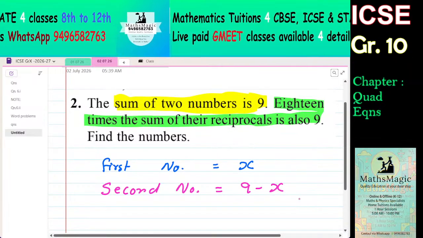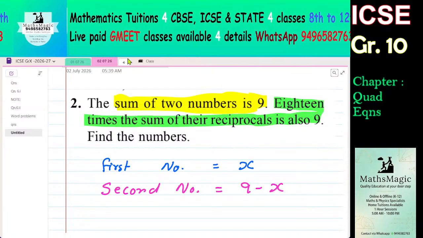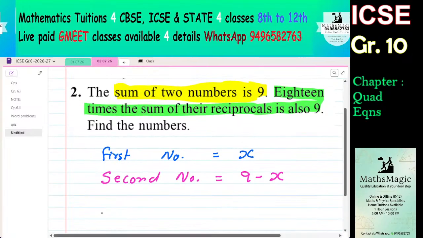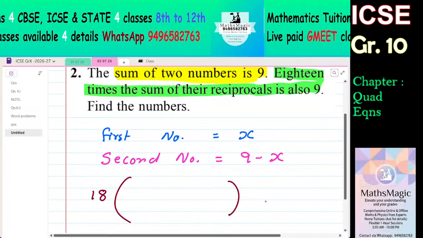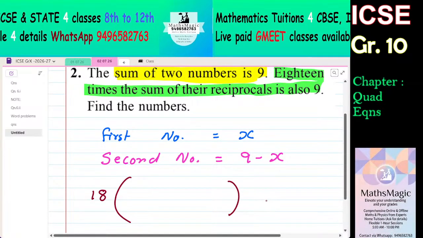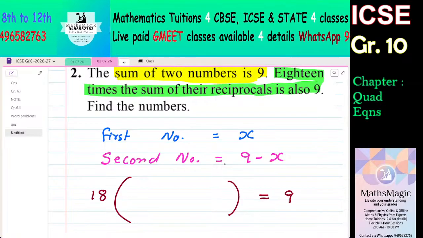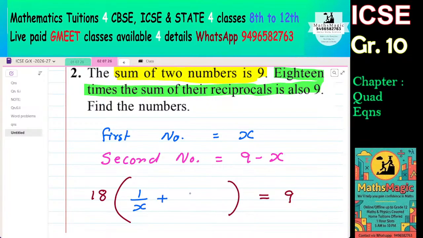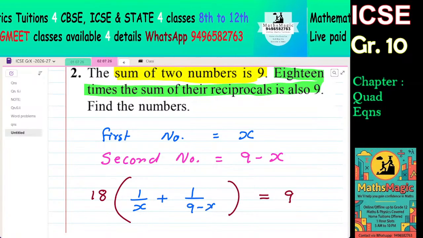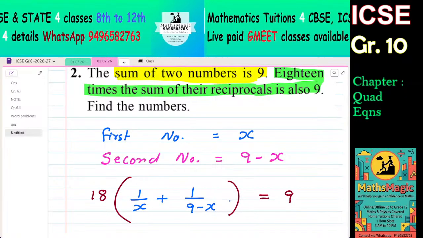Now you have two numbers, and 18 times something inside the bracket. 18 times the sum of their reciprocals is also 9. So we should get the reciprocal 1 by x plus the reciprocal 1 by 9 minus x, equals 9, right?